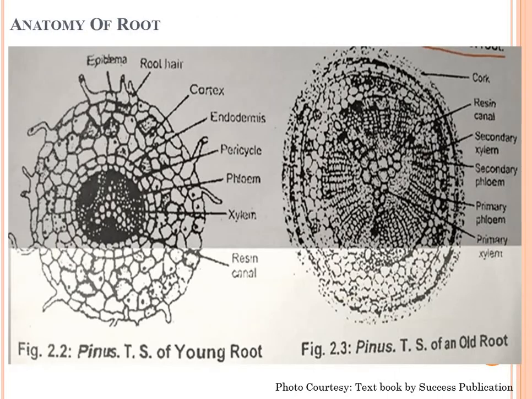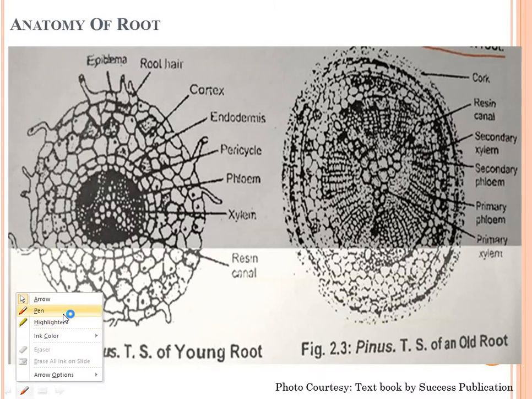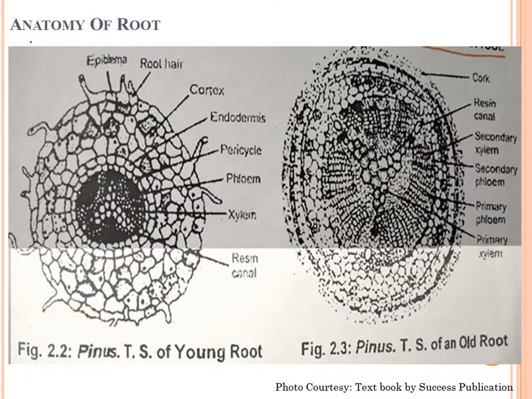Then see the next diagram, anatomy. Now we are going to study anatomy. What is meant by anatomy? Anatomy is defined as the study of the internal characters or structures of an organism.